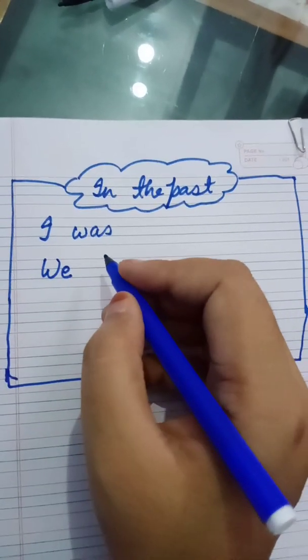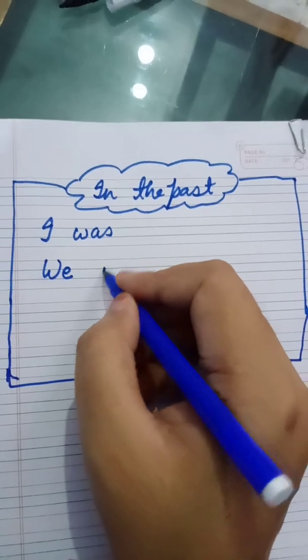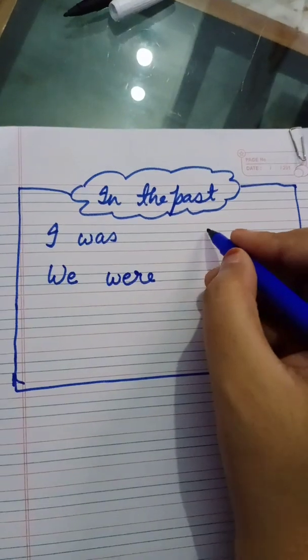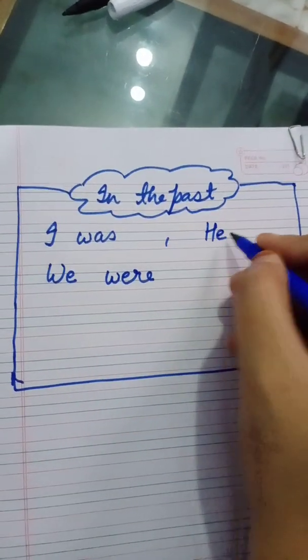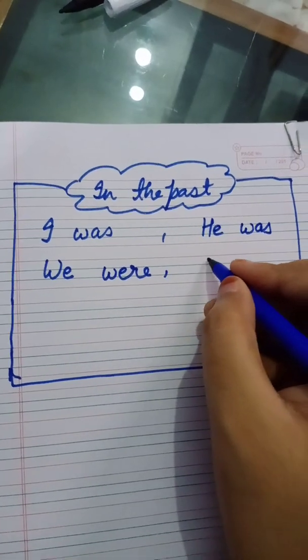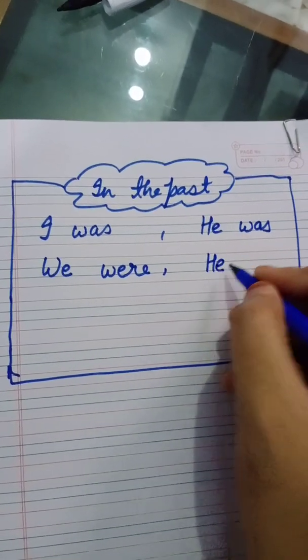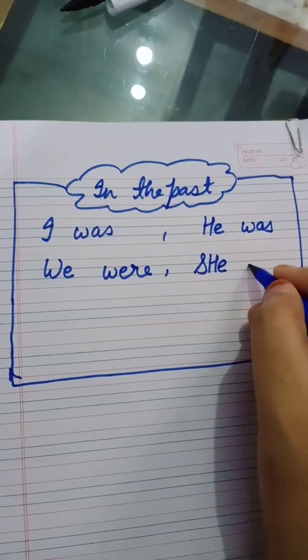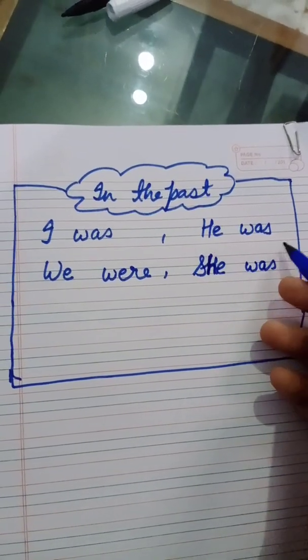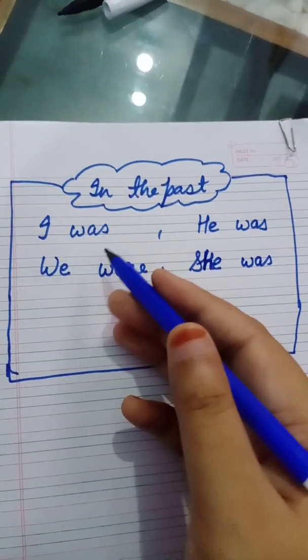In present we were using we are, here we will use we were. He was. In present we were using he is, and here we will use she was. He was, she was, I was.